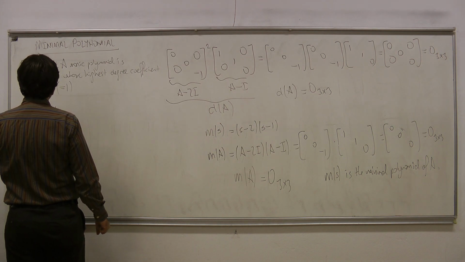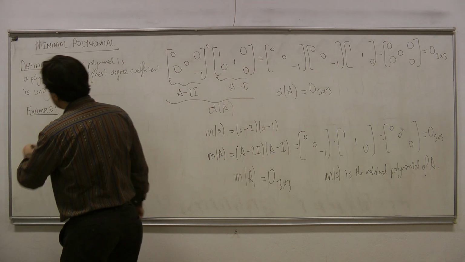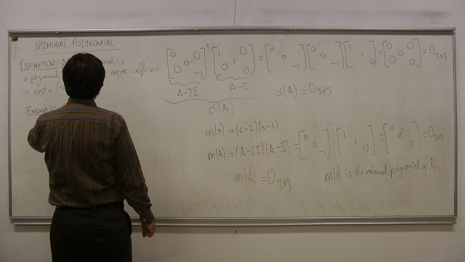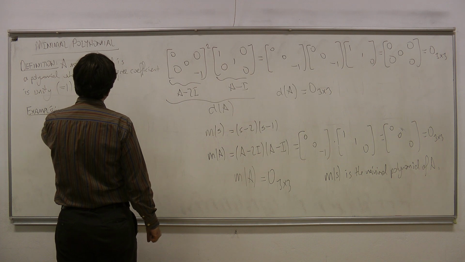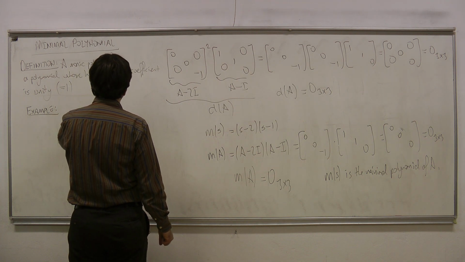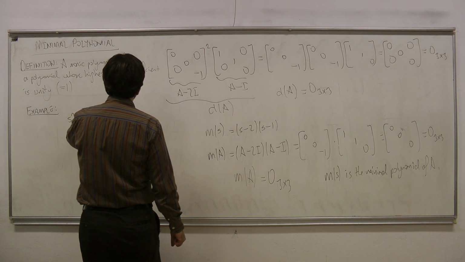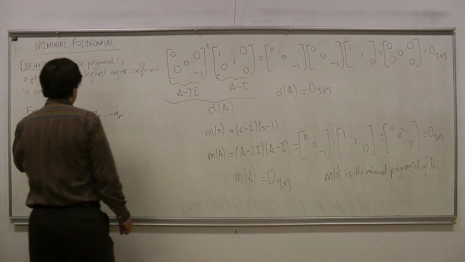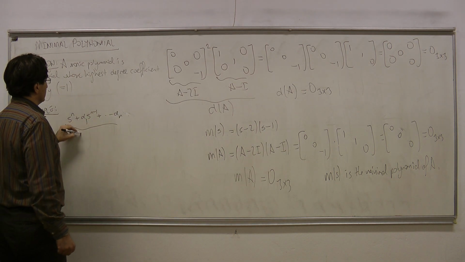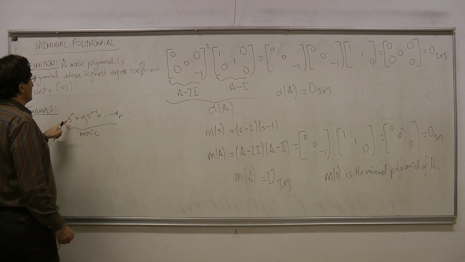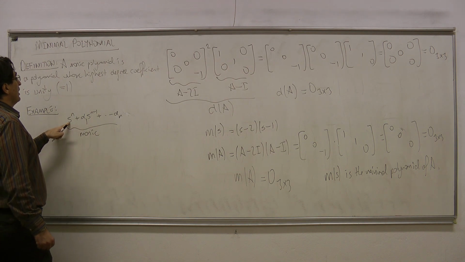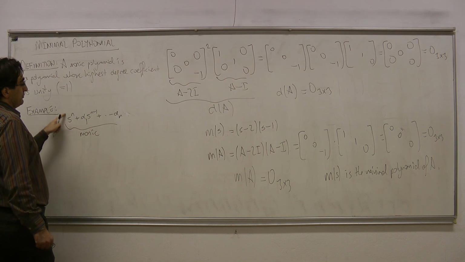So I can look at two polynomials here, s to the n plus alpha 1 s to the n minus 1, and so on, up to alpha n. This polynomial is a monic polynomial, because its highest order term has coefficient 1.